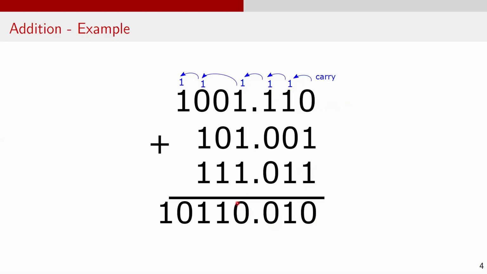So we put sum as 0 and the carry at this place is 1. At this digit, we add 0 plus 1. Summation is 1. 1 plus 1 plus 1 is 1 with a carry 1. 1 plus 1 is sum 0 and a carry of 1.